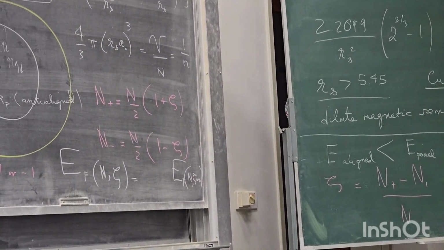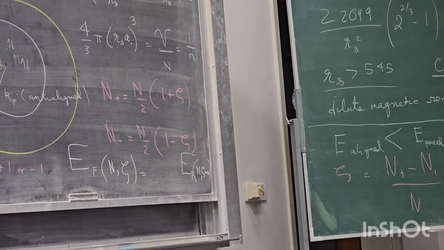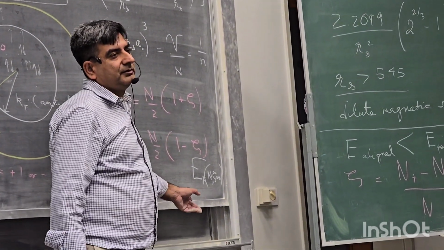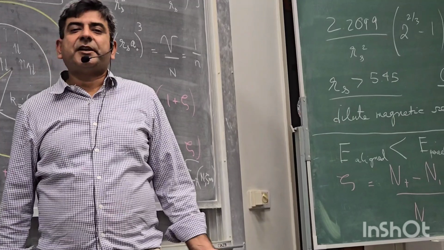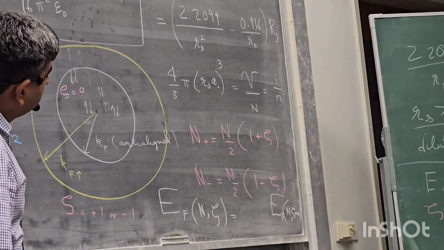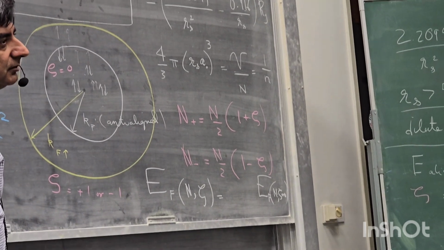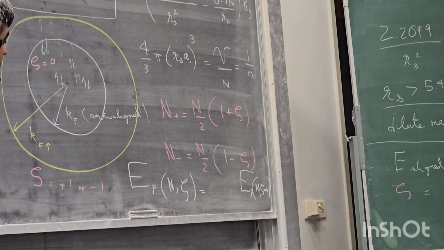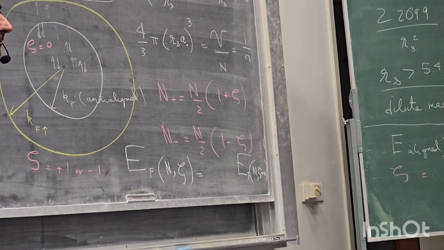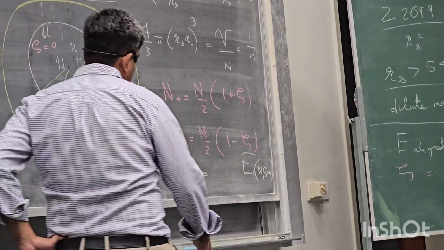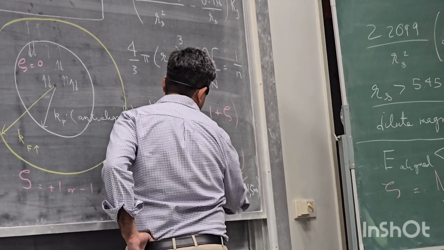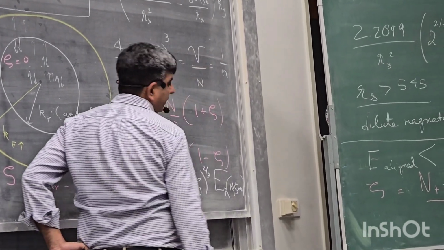When zeta is 1, this is 2 raised to 2 by 3. In the general case, what will it be? What factor will come? Maybe it will be 1 plus, okay, that will be a problem.